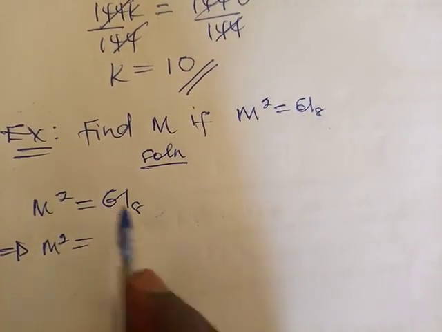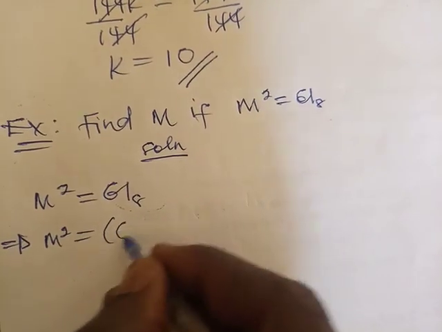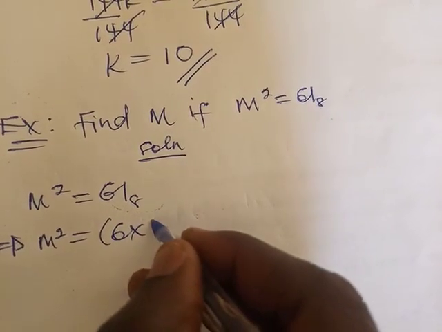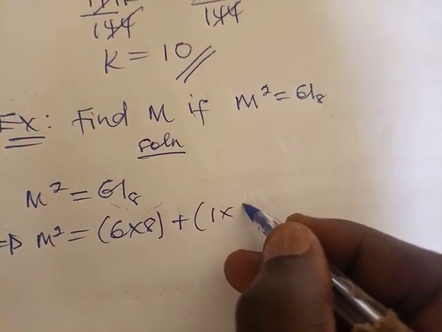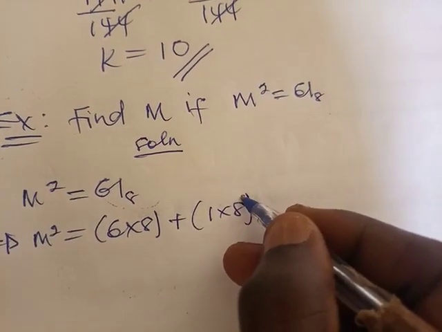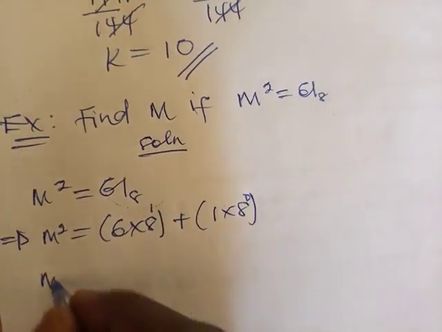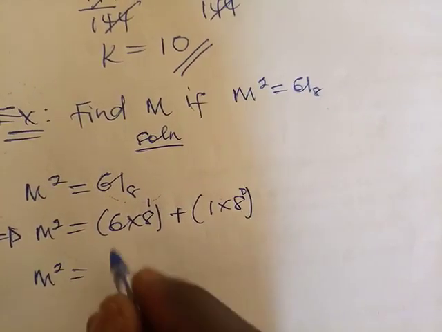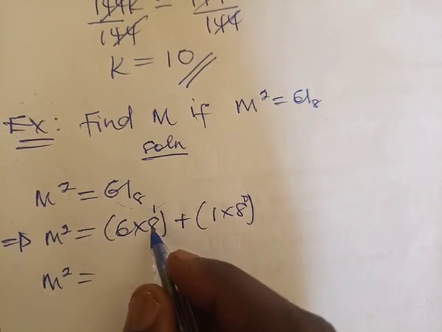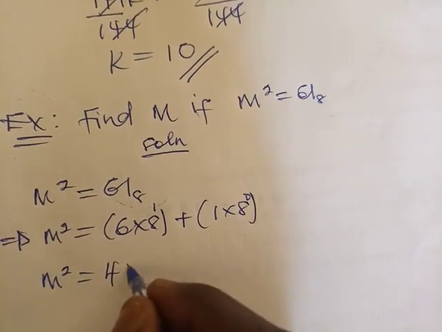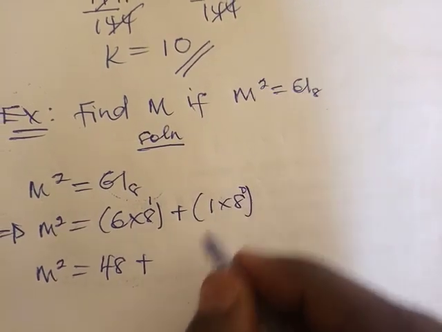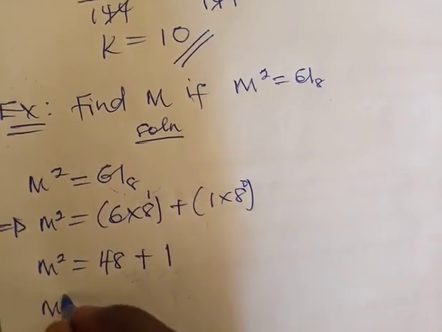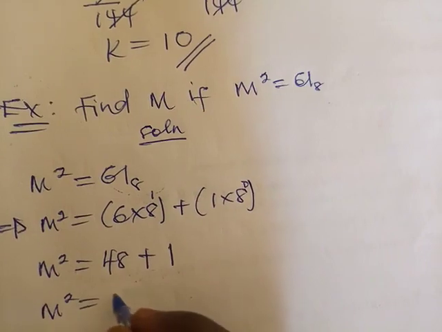So we need to change the whole of this to base 10. 6 times 8, 1 times 8, so you have exponents 0 and 1. So 8 raised to the power 1 is still 8. 6 times 8 is 48. 8 raised to the power 0 is 1. 1 times 1 is 1. So 48 plus 1 is 49.